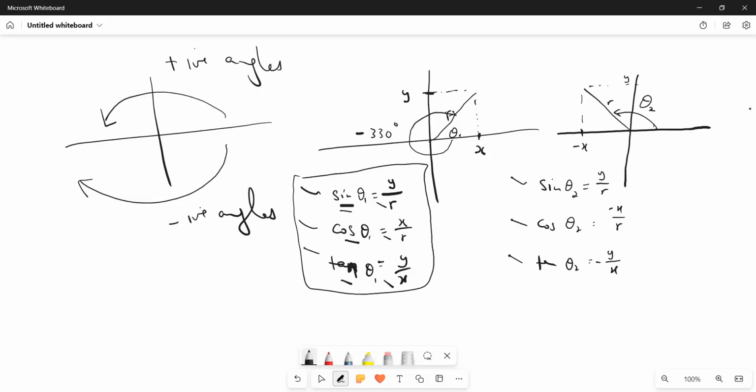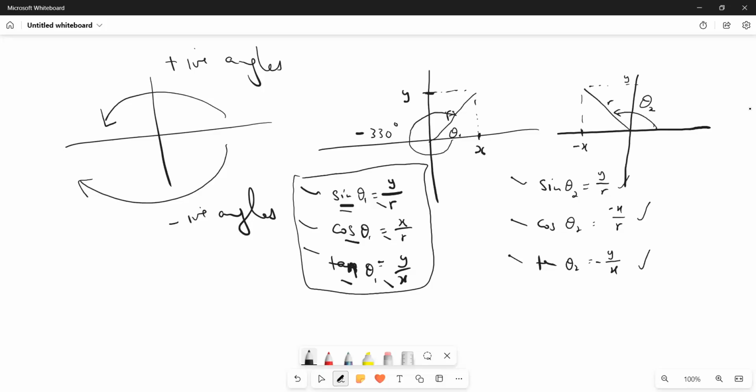So an angle of 480 lands right here, somewhere here. This will be the sine, this will be the cosine, and the tangent. Let's go negative. If you go this way, this is negative 180. Say you add another 30 degrees. So minus 180 minus 30 will be minus 210.